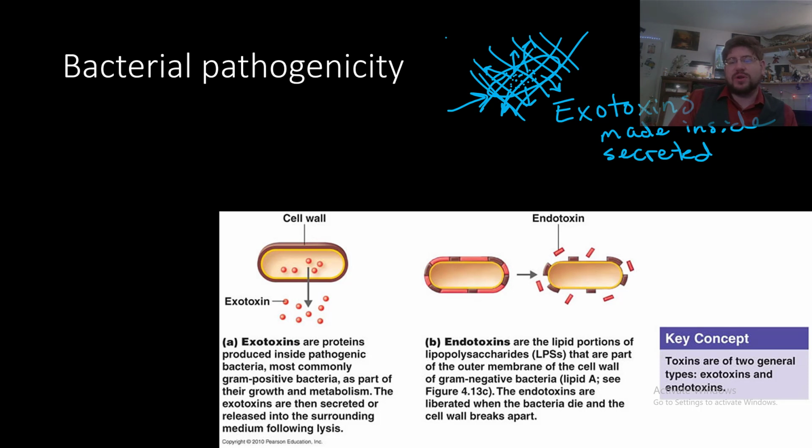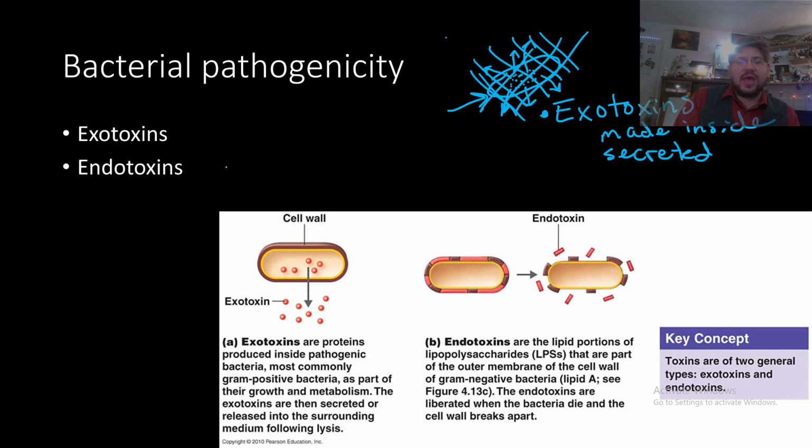No new toxins will be produced, and as soon as the ones that you're currently exposed to are metabolized, you're done. So exotoxins, very dangerous, but once you kill the bacteria making it, you stop exposure to the exotoxins.